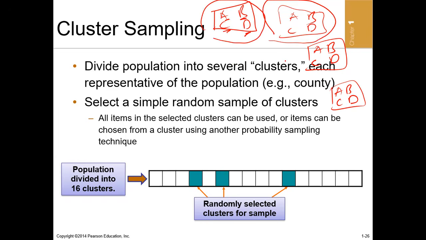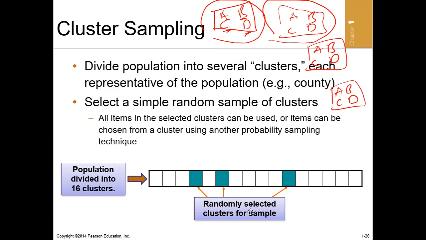That is why we say that for cluster, internally the elements there are different. But if you compare one cluster against another cluster, generally they are the same. The cluster as a whole, as compared to another cluster as a whole, they are the same.